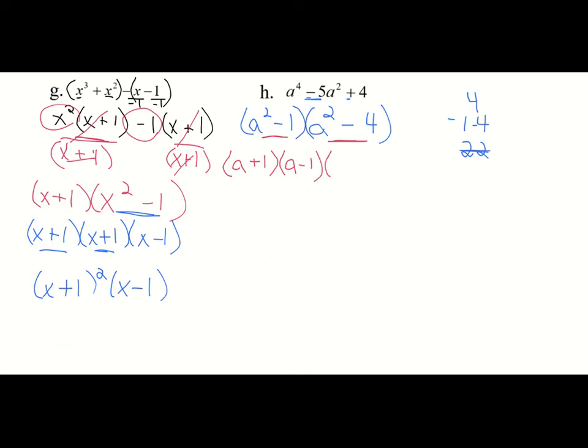And then my a squared minus 4 becomes a plus 2 times a minus 2. And then we don't have any like factors here to combine into a power. So this is our final answer. But it took it from an easy trinomial where we should have 2 binomials, and we turned it into having those 4 binomials there. So again, you just have to look at your problem, make sure it's factored completely.